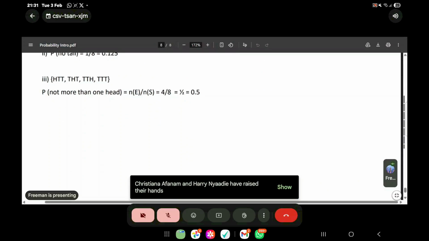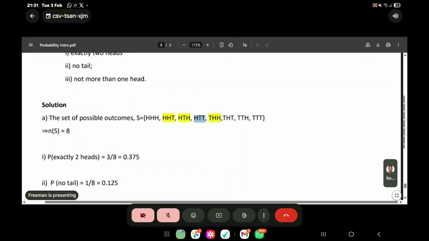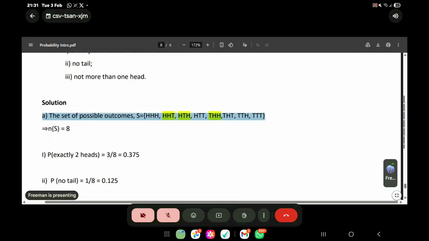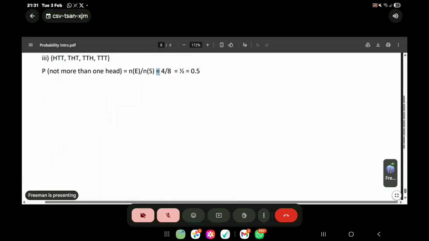So we have 4 out of 8. They are saying not more than, which means one or less. One or less, not more. So we have this, this, this, and this. That gives you a total of 4 out of 8.